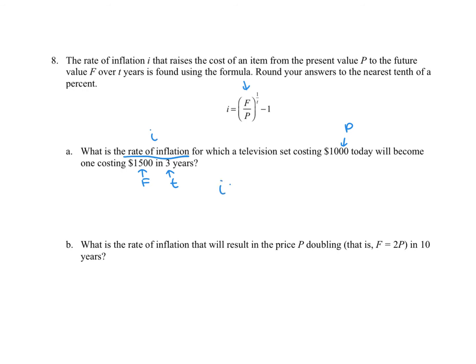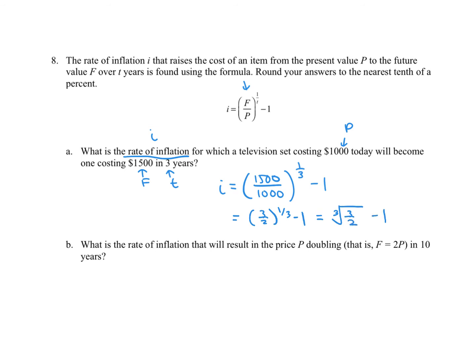So I'm going to use this formula and just plug in the things I know. For F, I'm putting 1,500. For P, I'm putting 1,000. To the 1 over 3 minus 1, we can reduce the inside of the parentheses. That's 3 over 2 to the 1/3 minus 1. You could plug it in your calculator like that, or if you are using a TI-84 and you press Math and find the cube root, you could also plug in the cube root of 3/2 minus 1.